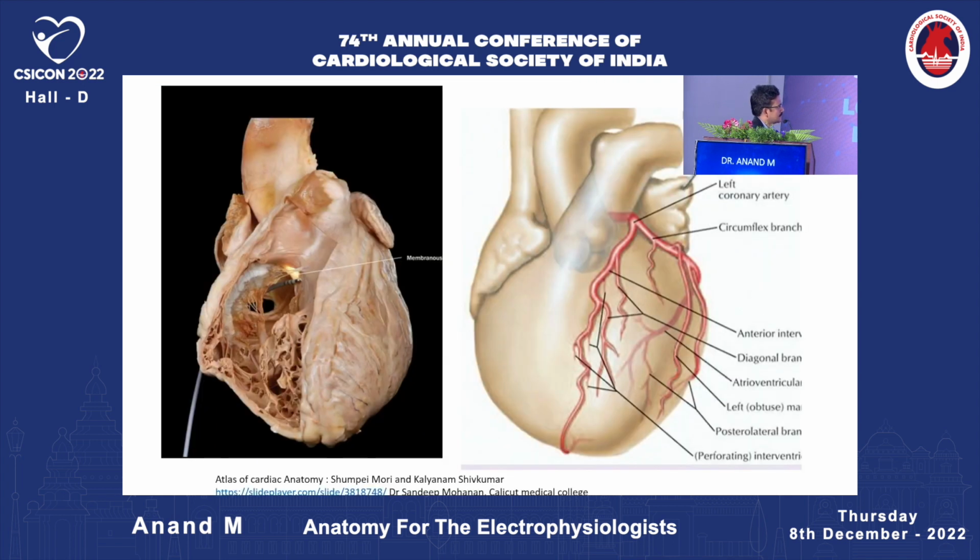So this is the same image, where the RV has been cut away and the catheter is placed in the membranous septum. So we can see that the RVOT posterior septum, the posterior inferior RVOT, is in close contact with the RCC.